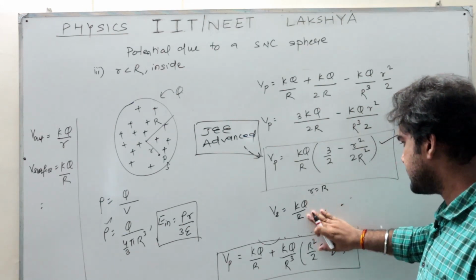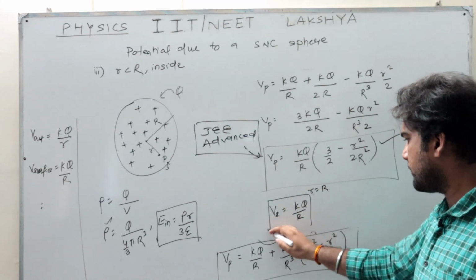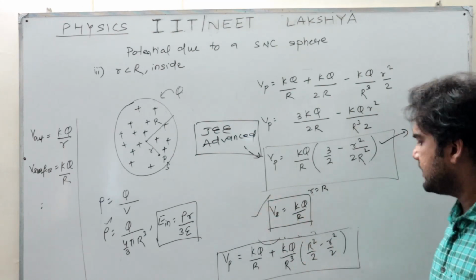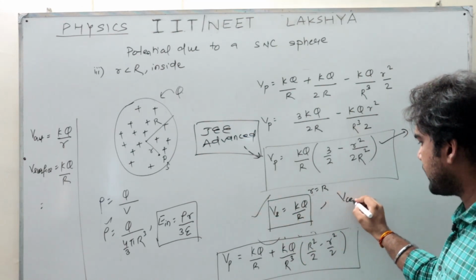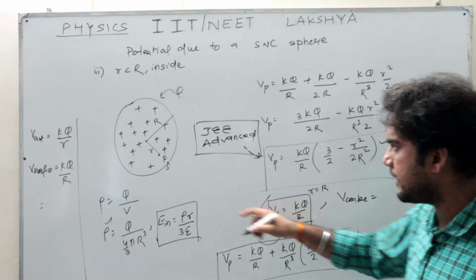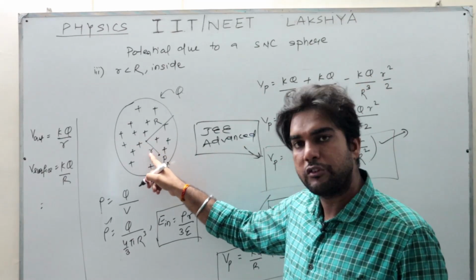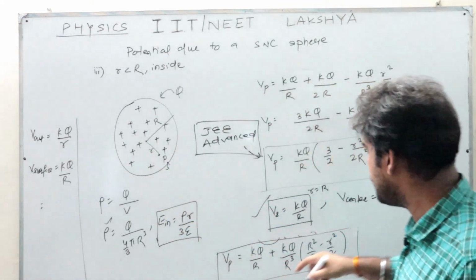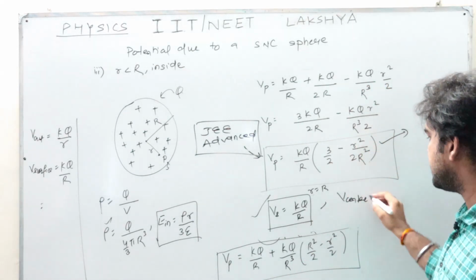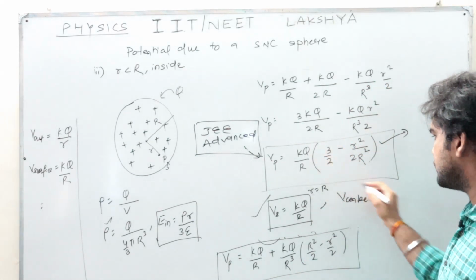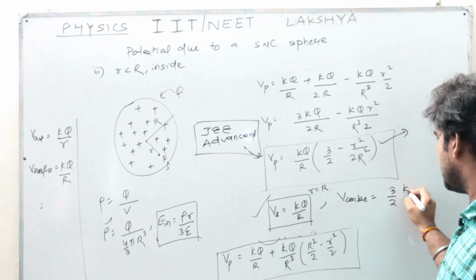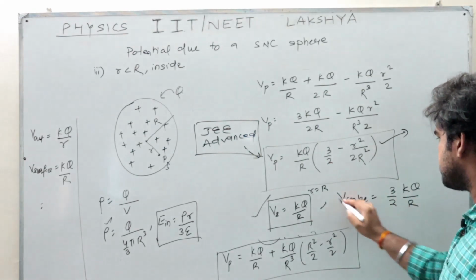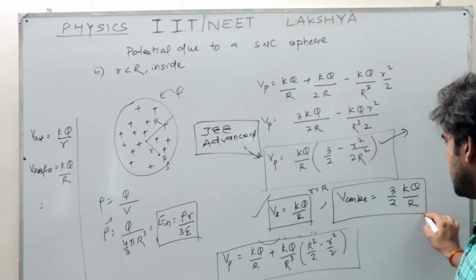So what you get is Kq by R. We got the formula for the surface. Observe here. Suppose you want to find the potential at the center of the sphere. At the center of the sphere, this small r should be substituted as 0. So when you substitute the small r as 0, what you are remaining is only this term. It becomes 3 by 2 Kq by R.